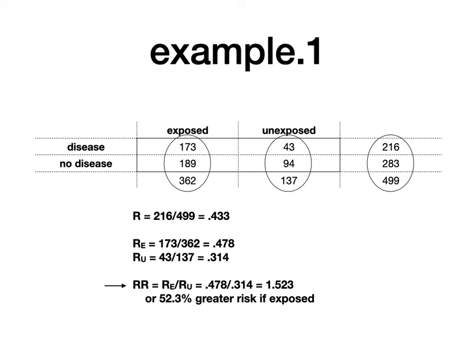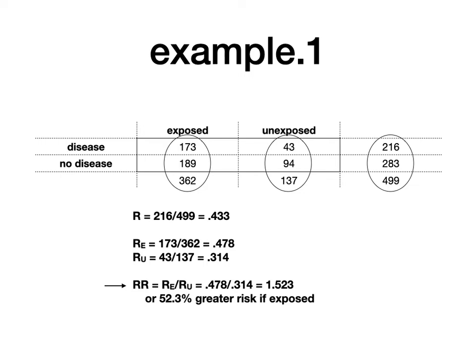Amongst the exposed, it is 173 over 362, which is why I circled it. I was trying to make it clear what I'm doing here. That is the risk amongst the exposed of the disease, or if you prefer, the outcome of interest. Similarly, for the unexposed, we have, in this case, 43 divided by 137.